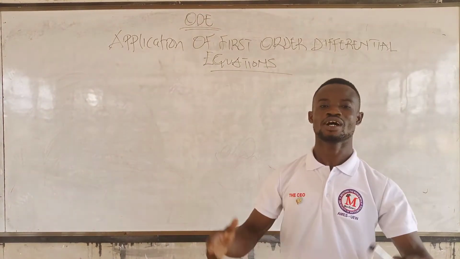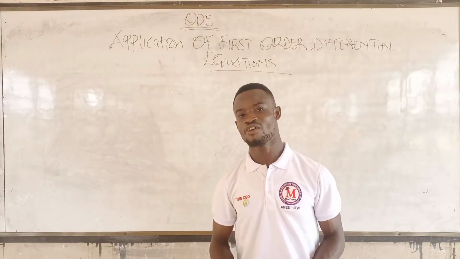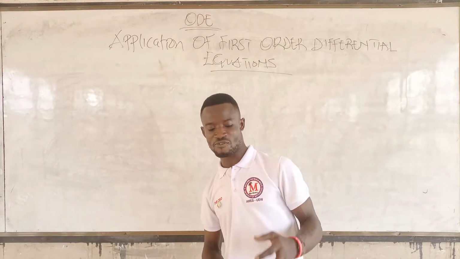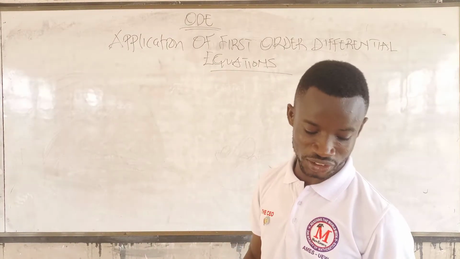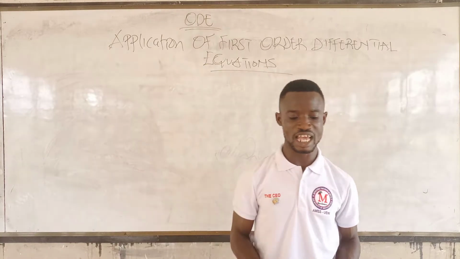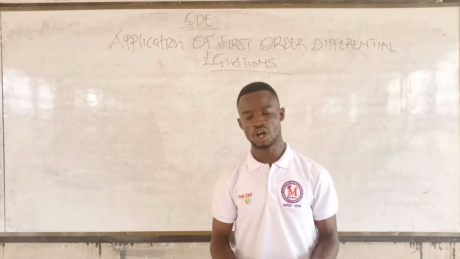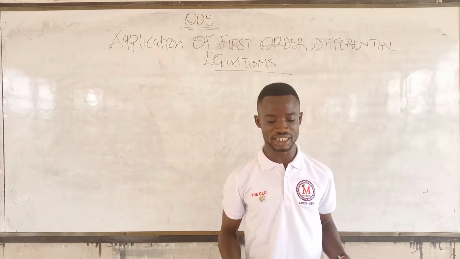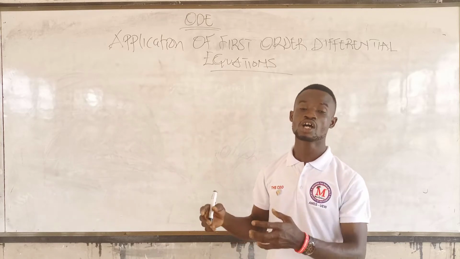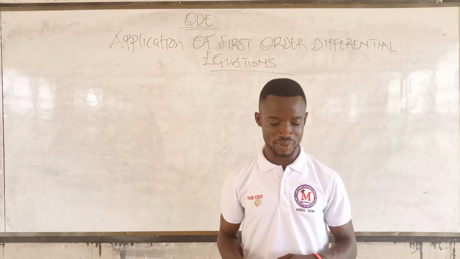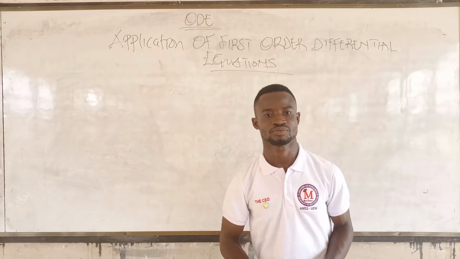application to biology. And here we are going to lay emphasis on exponential decay and exponential growth. Alright, we are going to look at exponential decay and exponential growth under the application to biology.